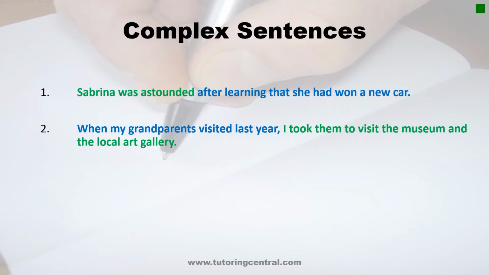I took them to visit the museum and the local art gallery. There's your independent clause. You could write that as a sentence without the beginning, without when my grandparents visited last year, and it would make sense by itself. Or think of it this way. If you walked up and said to someone, I took them to visit the museum and the local art gallery, it makes sense.